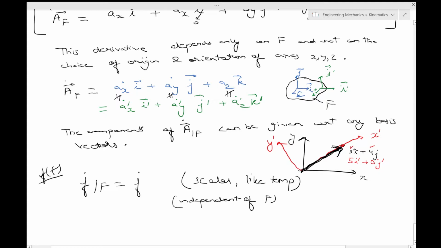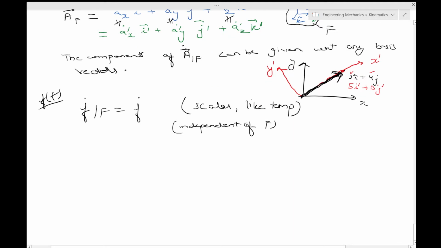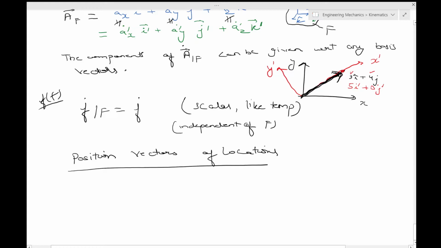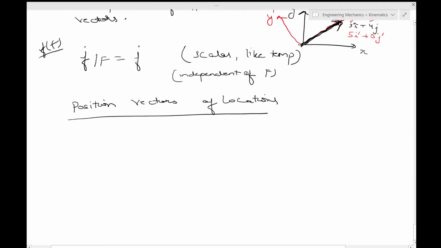So let's now move to the next topic, which is called the position vector. Position vectors of locations. Remember that we had certain entities to be defined, like the position vector and displacements. So we will be doing that.